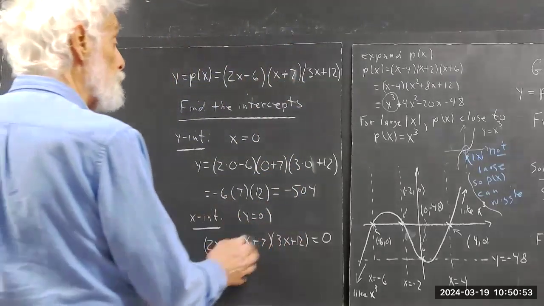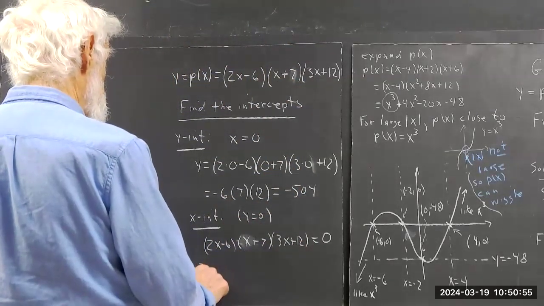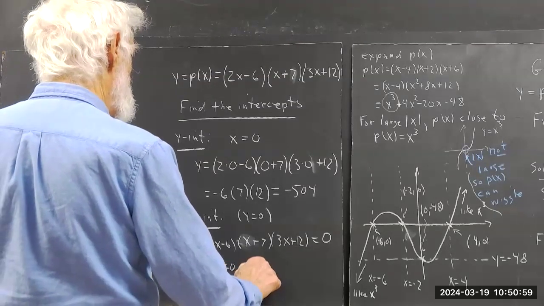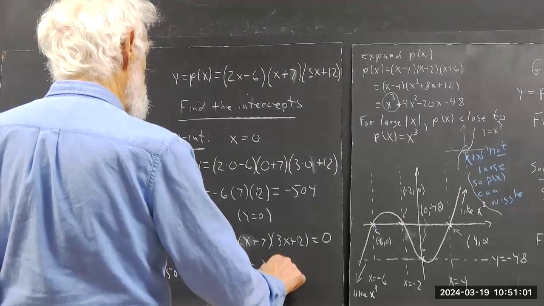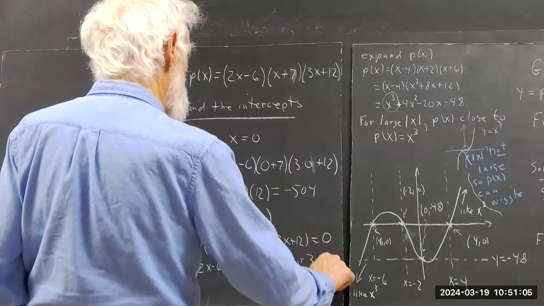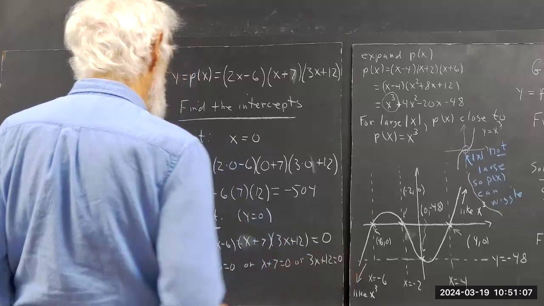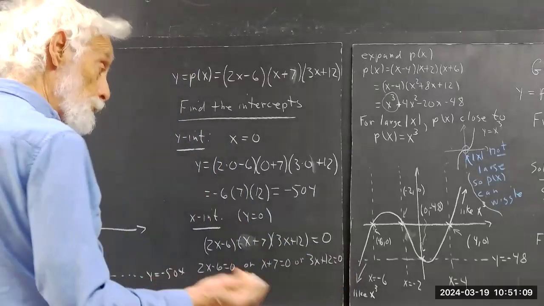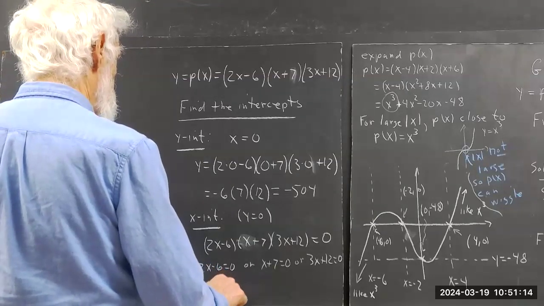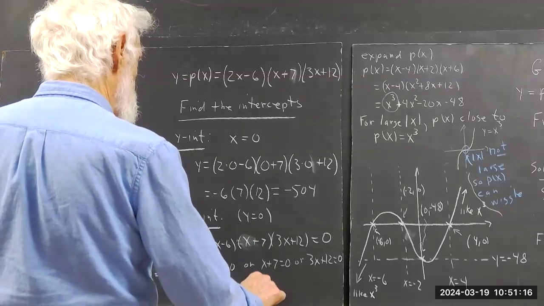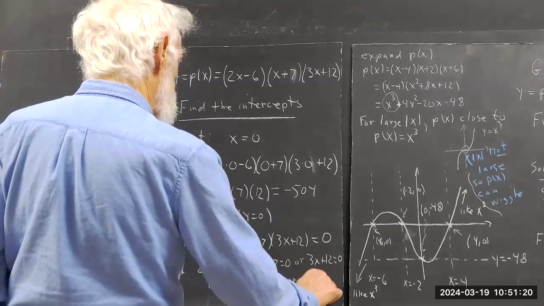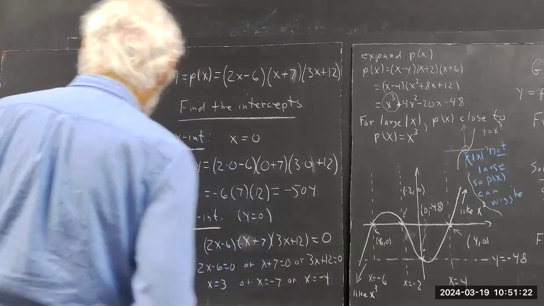The only way this can equal 0 is 2x minus 6 equals 0, or x plus 7 equals 0, or 3x plus 12 equals 0. You can solve each of these equations for x. You get x equals 3, or x equals negative 7, or x equals negative 4.